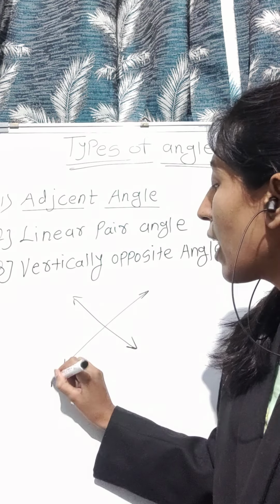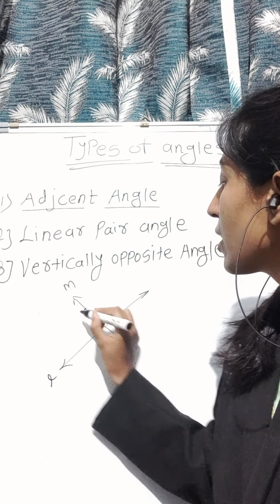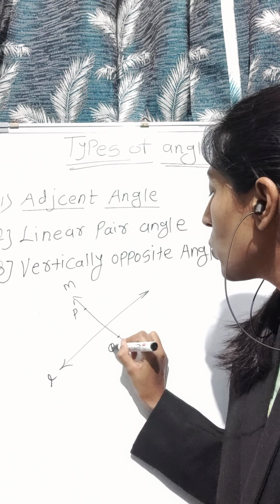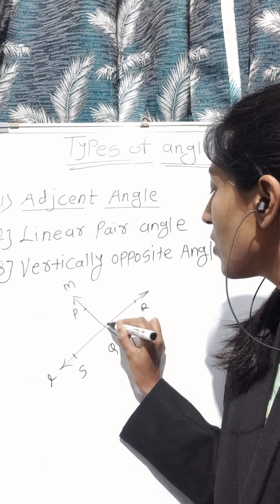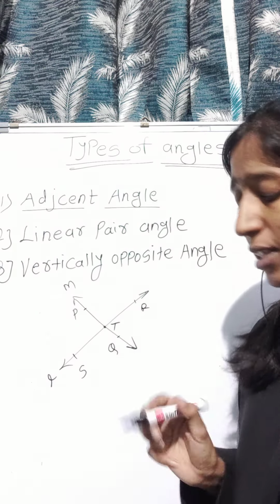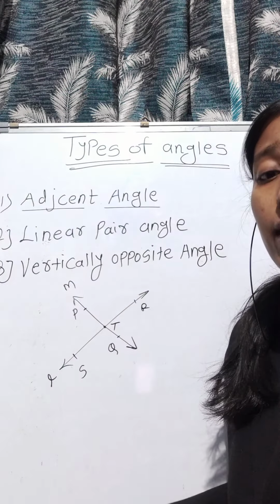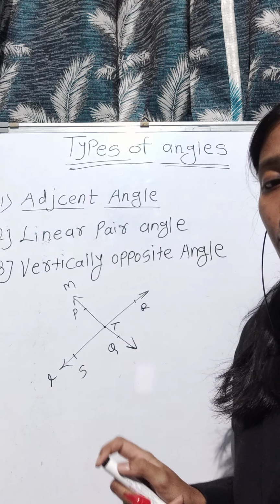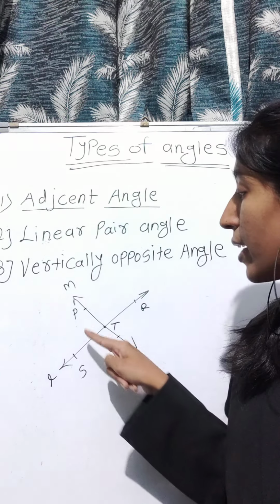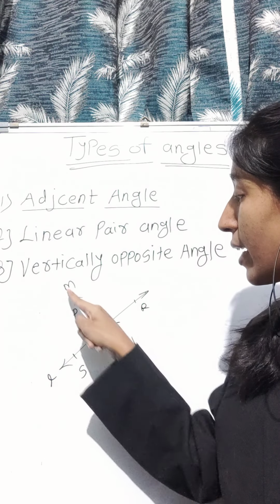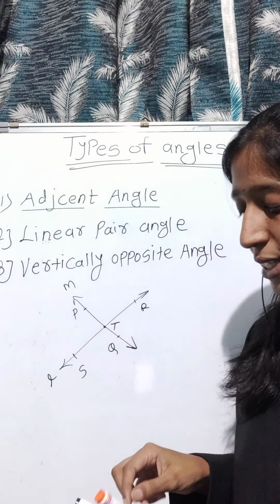I will name them L and M. I will give the naming here likewise: P, Q, R, S, and this one is the intersection point T. Now what is the vertically opposite angle? Vertically opposite angles are formed by intersecting two lines. Here line M and line L are intersecting at point T. So point T is said to be the intersection point.